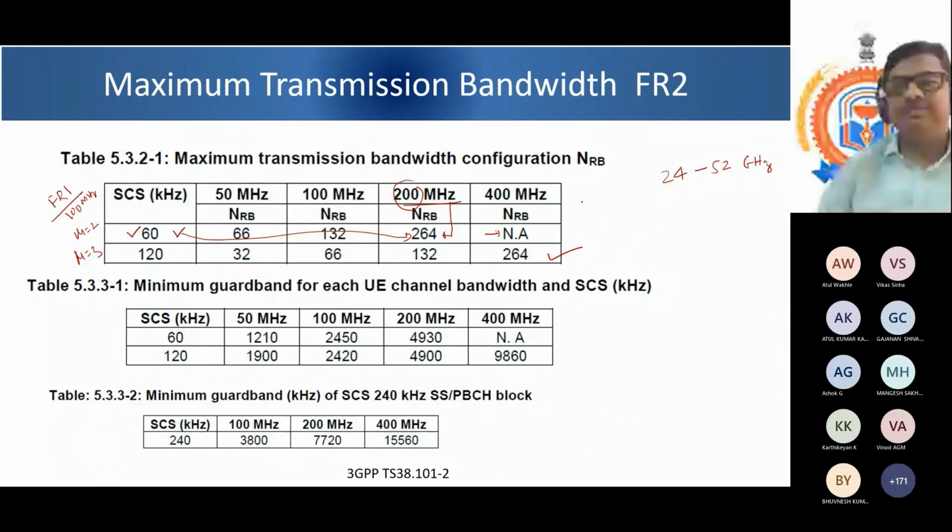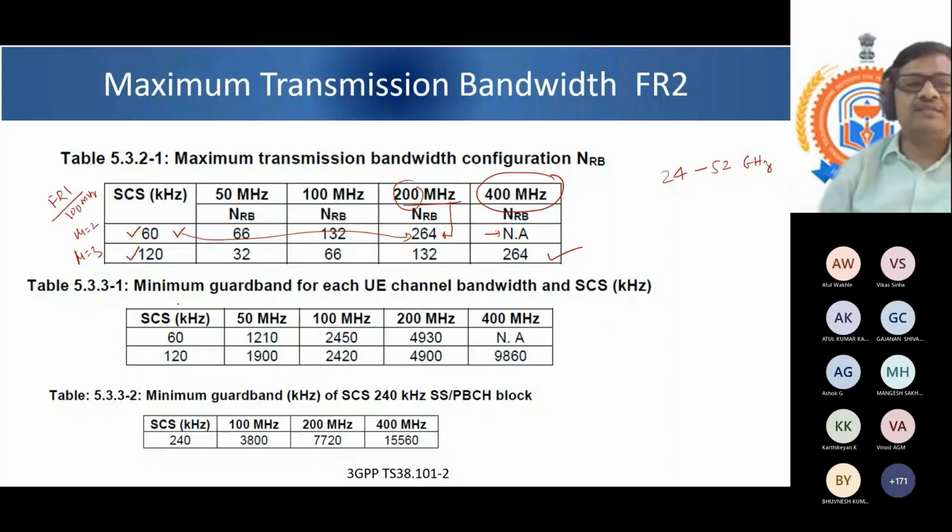In 5G, this is the maximum channel bandwidth. So if you want to use 400 megahertz channel bandwidth, the minimum sub-carrier spacing you have to use is 120 kilohertz. So there is a relation between the channel bandwidth and which numerology you can use, right?